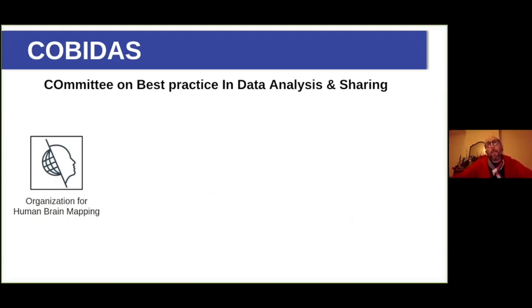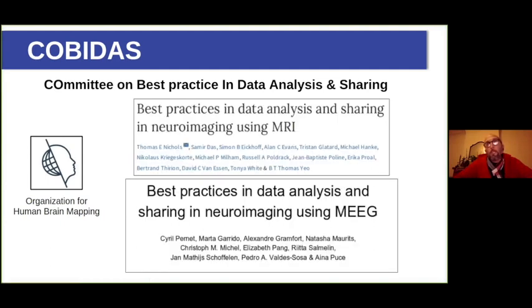After this paper came out, the OHBM, the Organization for Human Brain Mapping, created the Committee on Best Practices in Data Analysis and Sharing, or COBIDAS for short. That committee went on to produce two reports, one for MRI and one for EEG and MEG.